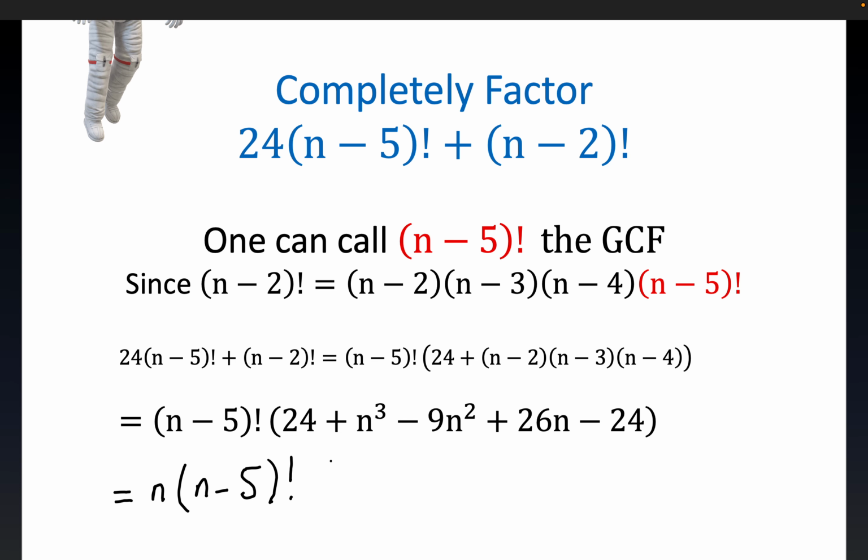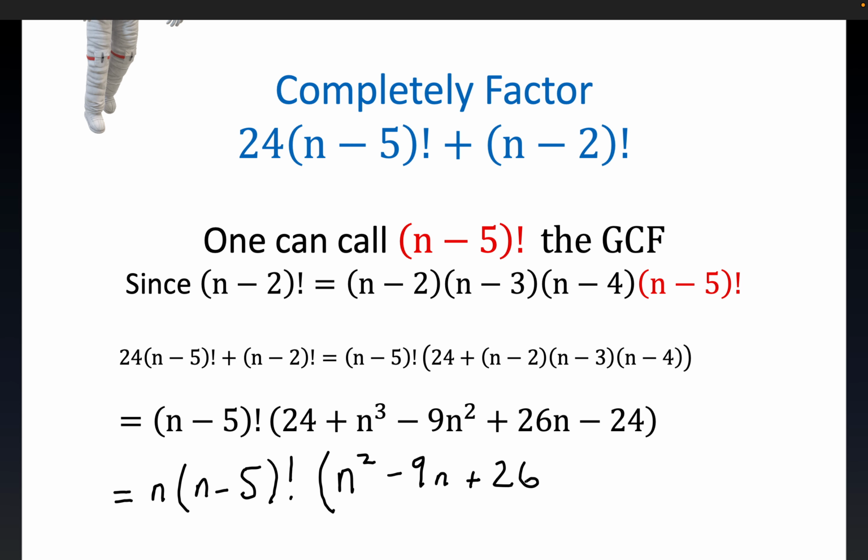Okay, what's left here after you take away an n would be n squared minus 9n plus 26.